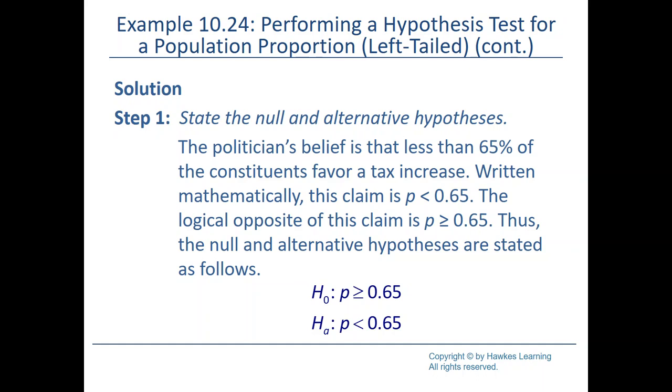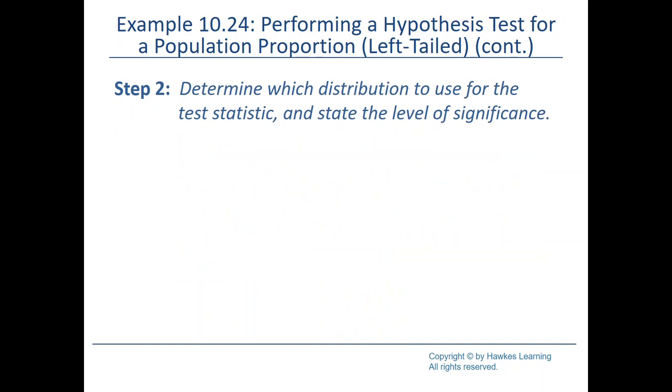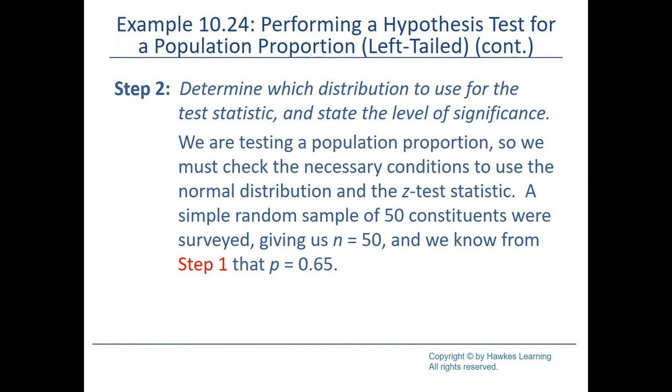Now, the second part I do on my test is I always determine whether or not I can run the test. This is so I can determine what type of level of significance and test statistic I need. In our case here, do understand that all the conditions for a normal distribution in a z-test statistic are allowed.